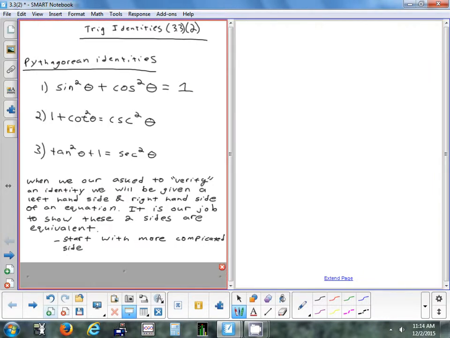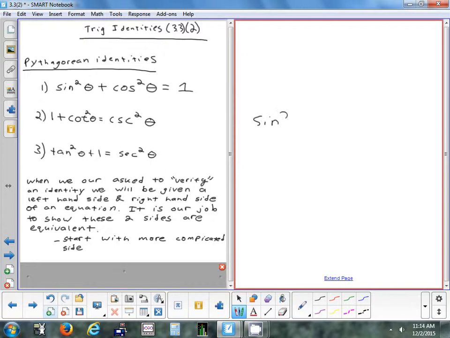So I want to just look at this first identity. Sine squared plus cosine squared equals 1. I'm going to subtract cosine squared from each side. I'm going to subtract it here, and I'm going to subtract it here. What happens when I do cosine squared minus cosine squared?